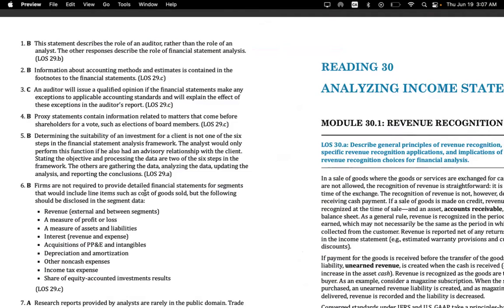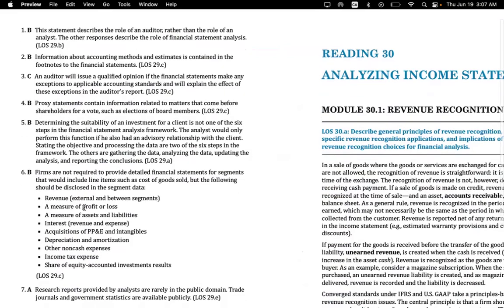Firms are not required to provide detailed financial statements for segments that would include line items such as cost of goods sold, but the following should be disclosed: revenue, measure of profit or loss, that means earnings, liabilities and assets, interest, acquisitions, depreciation, other non-cash expense, income tax.